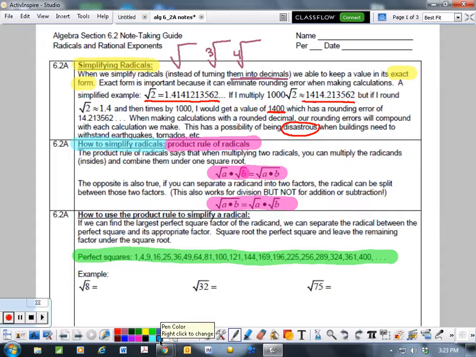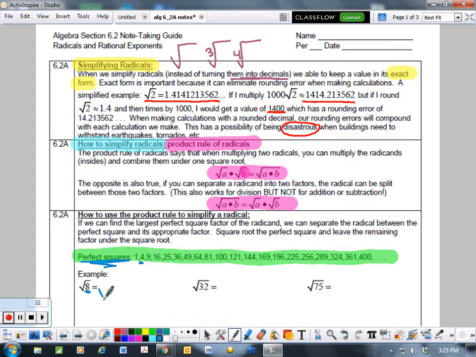That is, it's a factor of the radicand. So here my radicand is 8. I want to look at my perfect squares and figure out what's the biggest number that can go into 8. And so I would see 4.